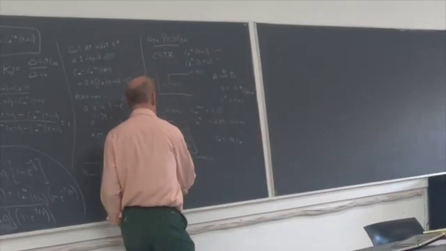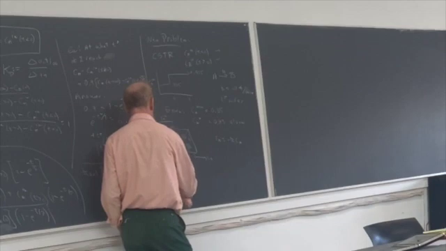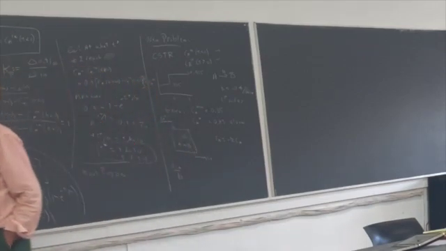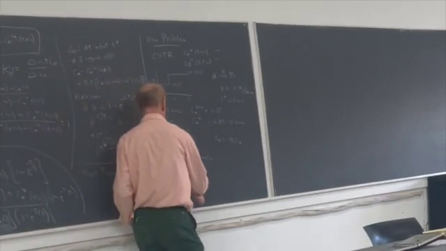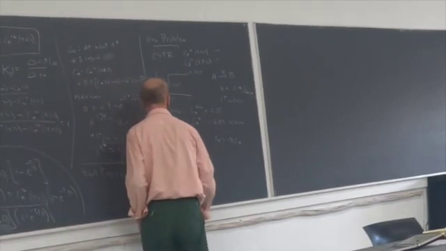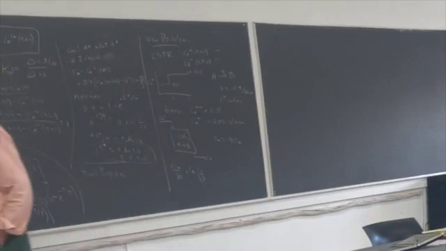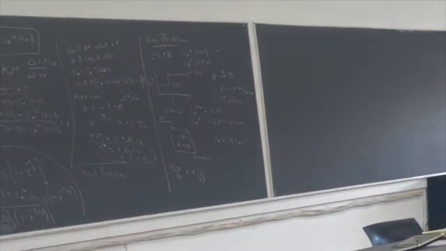Okay, so now I have dCA dt. And similarly, I had CA over tau. But now I have a minus K CA here, so I have to add that to the other side of the equation, plus K CA.